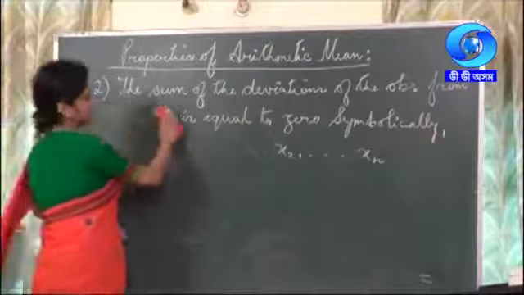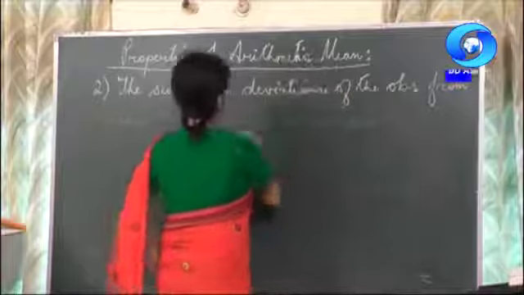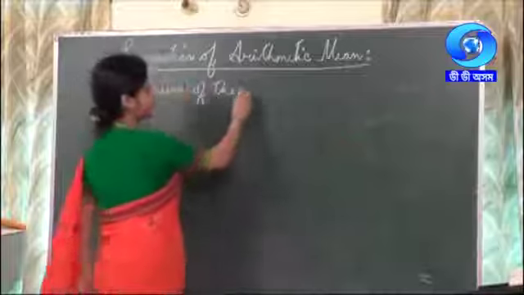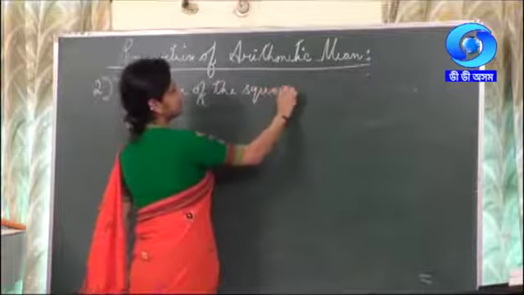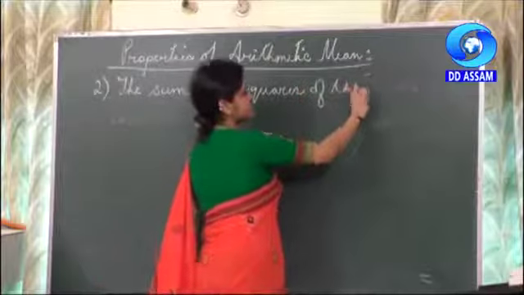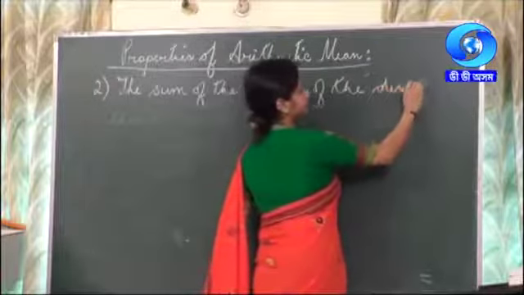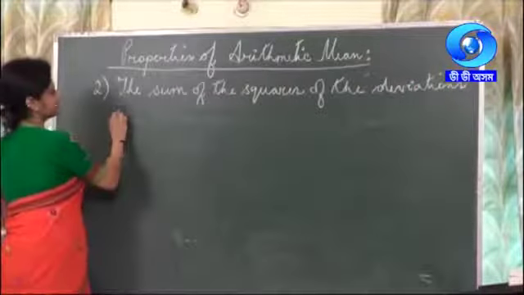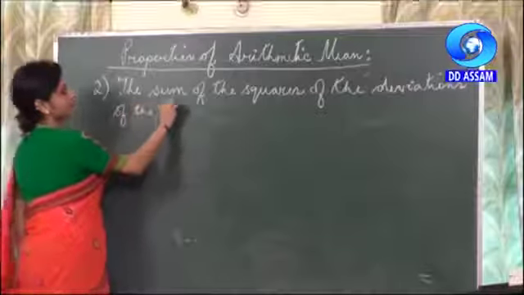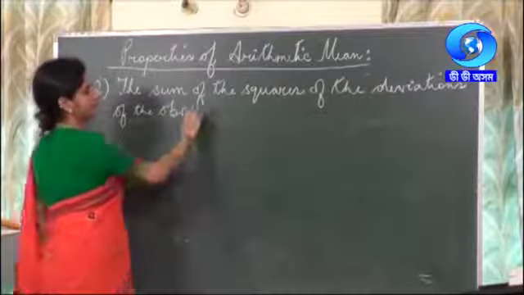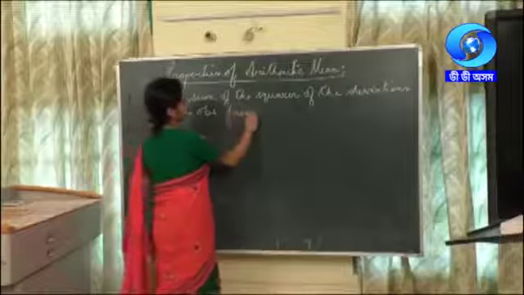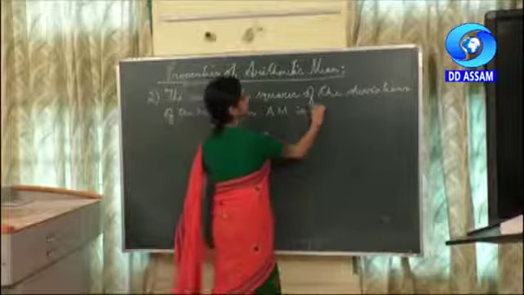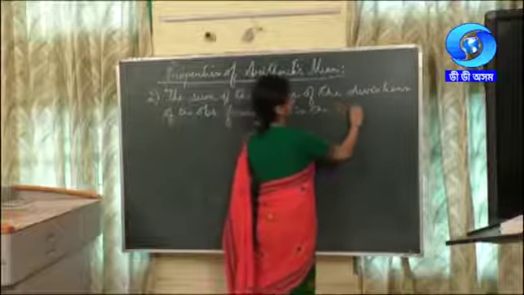The second property says the sum of the squares of the deviations of the observations from arithmetic mean is the minimum.